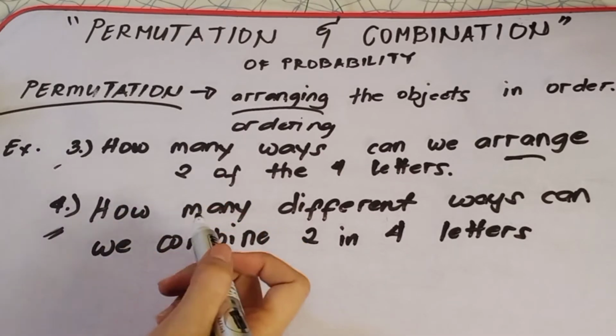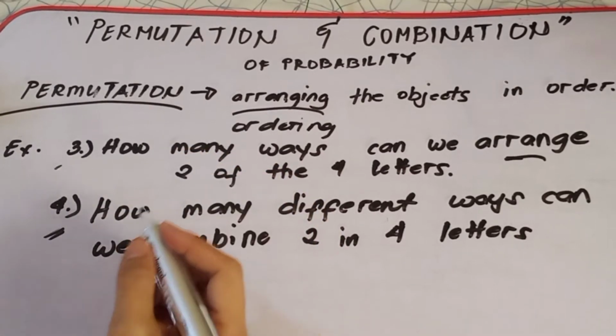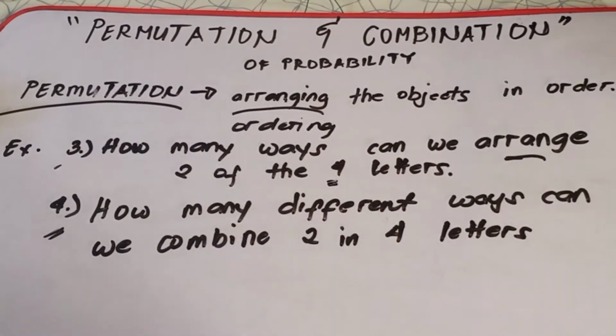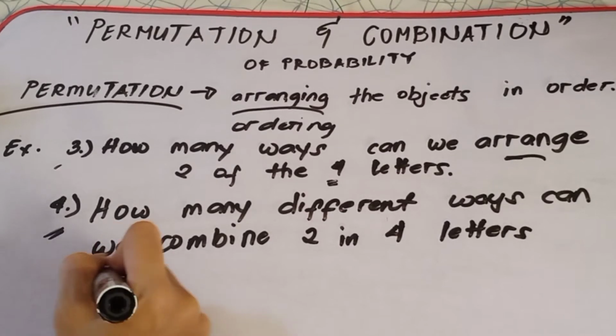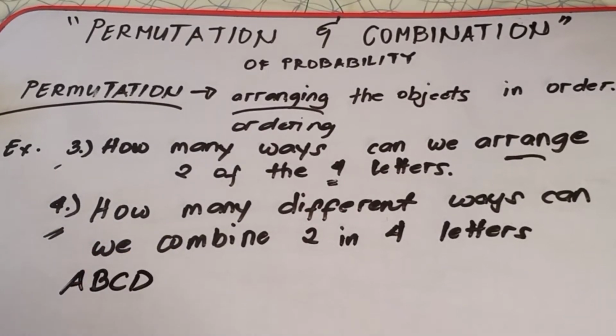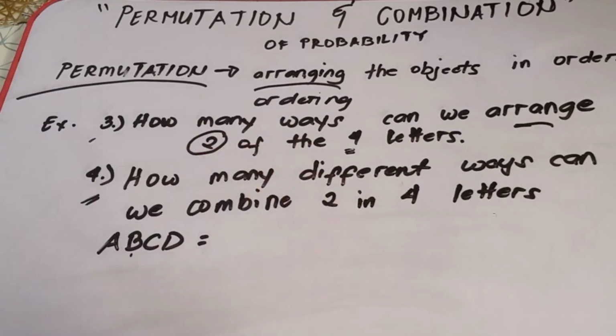So let's have a simple illustration of our example here. Let's say the 4 letters in our example are A, B, C, and D. It says, how many ways can we arrange 2 of the 4 letters?